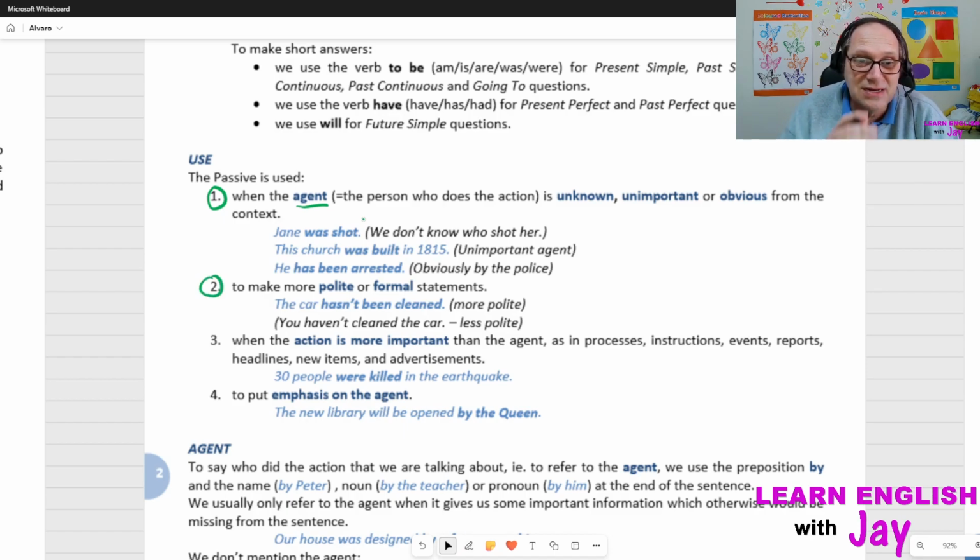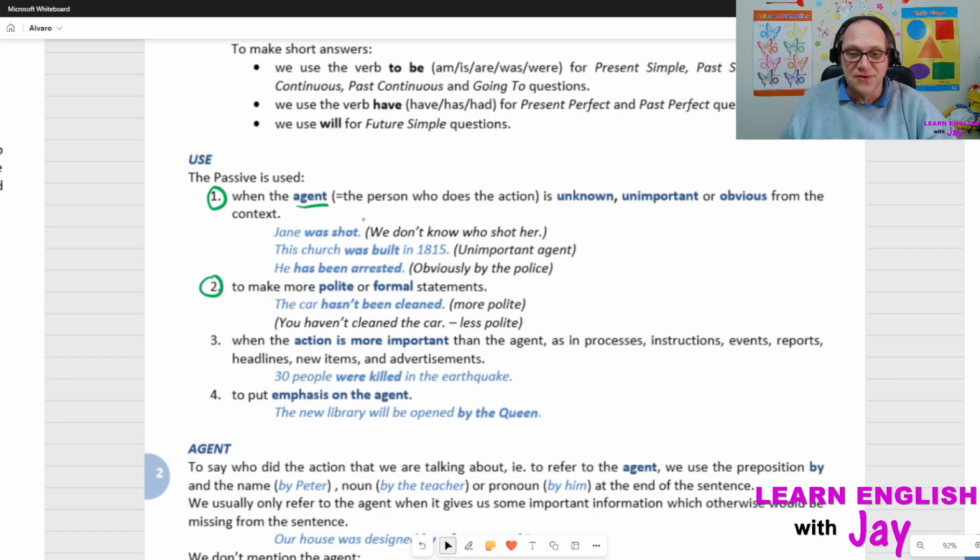Second use is to be more polite or more formal. So instead of saying, you haven't cleaned the car, I could just say, the car hasn't been cleaned. We know it's you.